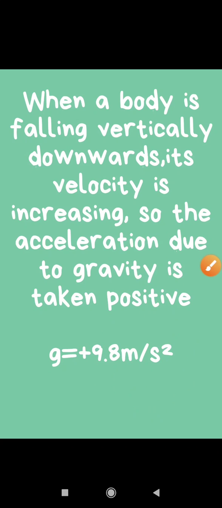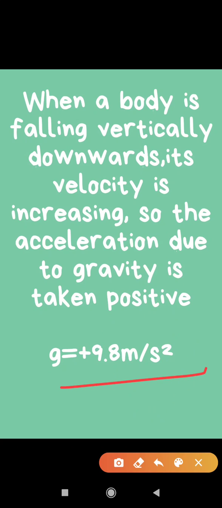So gravity will be positive. When a body falls vertically downwards, its velocity increases, so the acceleration due to gravity is taken positive. g is equal to plus 9.8.